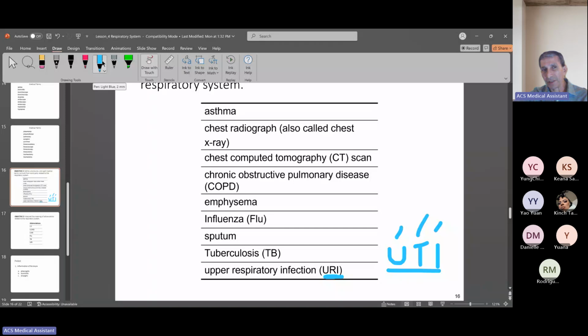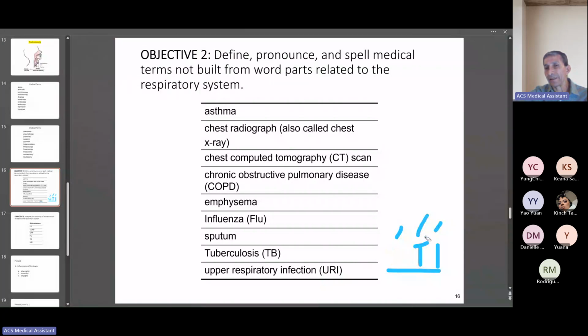URI, upper respiratory. Totally different. Two different systems, two different conditions. They are not related. It's just that these acronyms look very similar.